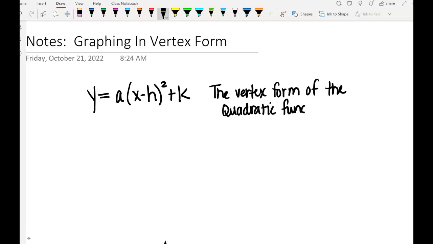So we need to know that this is called vertex form. And very rightfully so, because of some of the information. So now my next question is, using the letters in the equation, what is the vertex of the function?